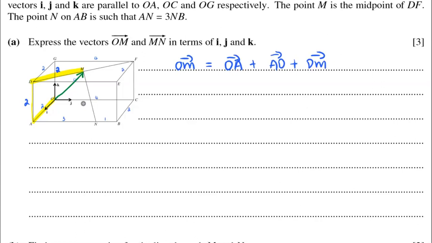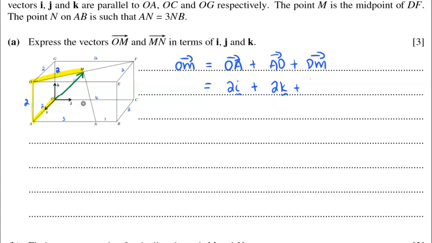All right, and we really know those things. OA is fairly easy. OA is 2i, and so we'll have 2i. And it's a vector, so put a squiggly line under it. AD is 2k, so we write 2k, little squiggly line, indicate it's a vector. DM is slightly trickier. DM is half of the diagonal, but the diagonal is made up of DE plus EF.